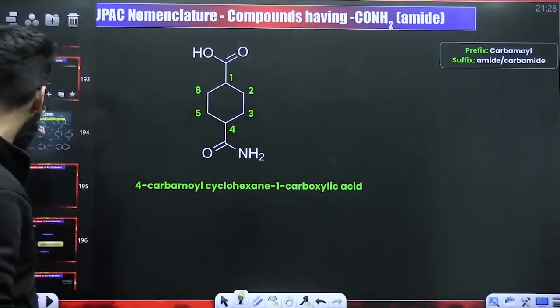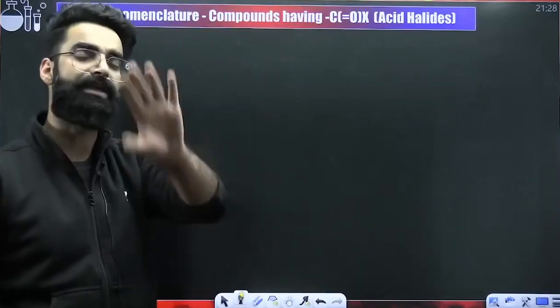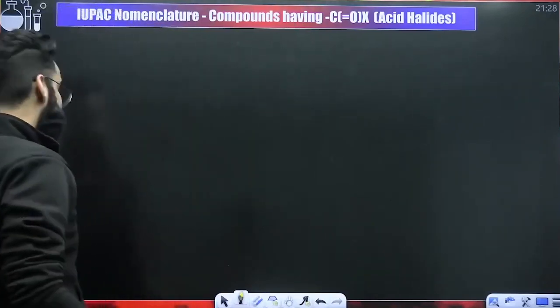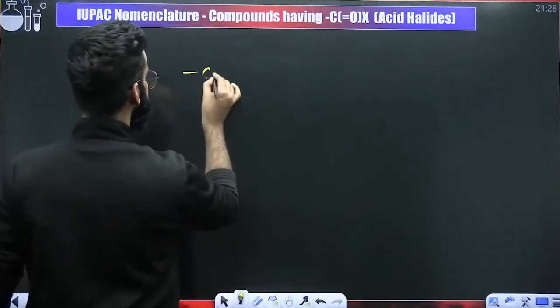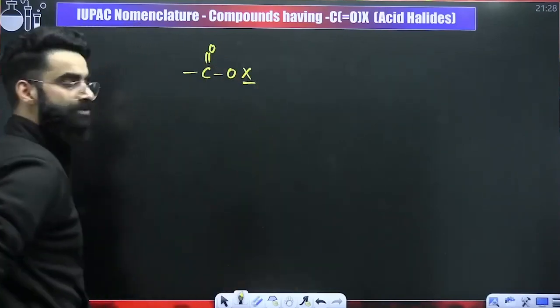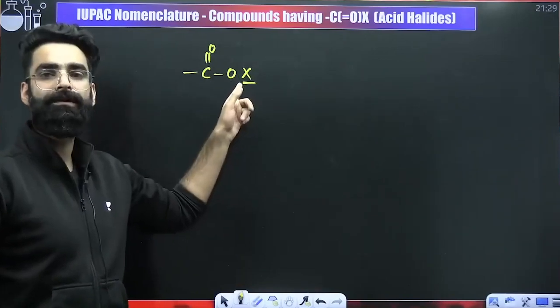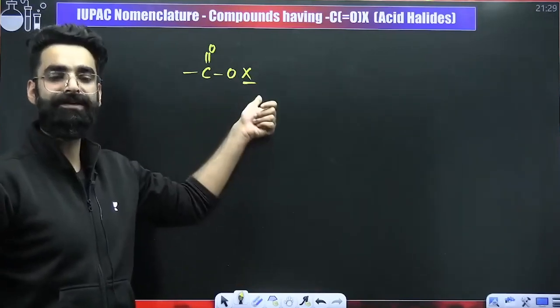Now we have got acid halides. One more functional group, acid halide. Again, a few things you have to remember. My dear students, acid halide is something like this. C double bond O, and this is X, where X is your halogen. If it is acid chloride, then X is Cl. Acid bromide, then X is Br.